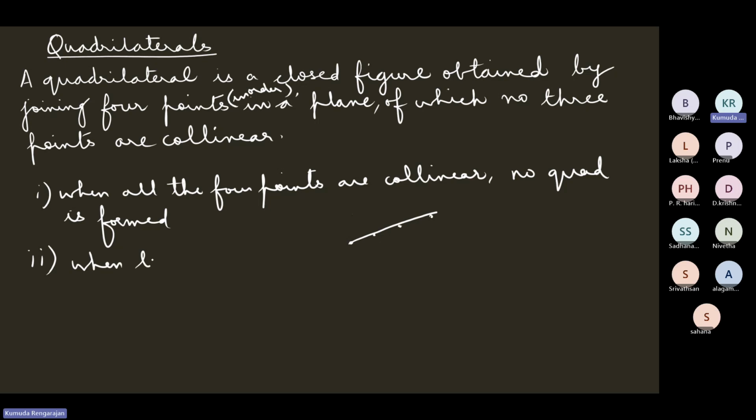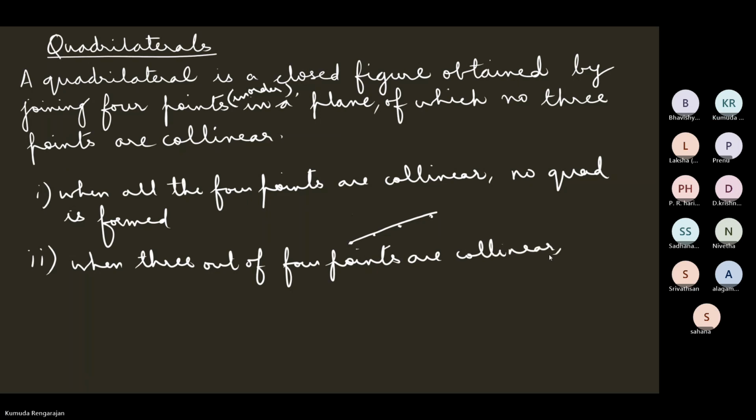When 3 out of 4 points are collinear, no quadrilateral is formed.